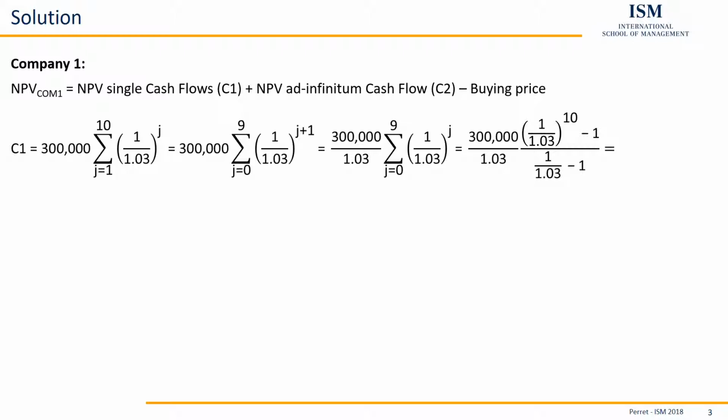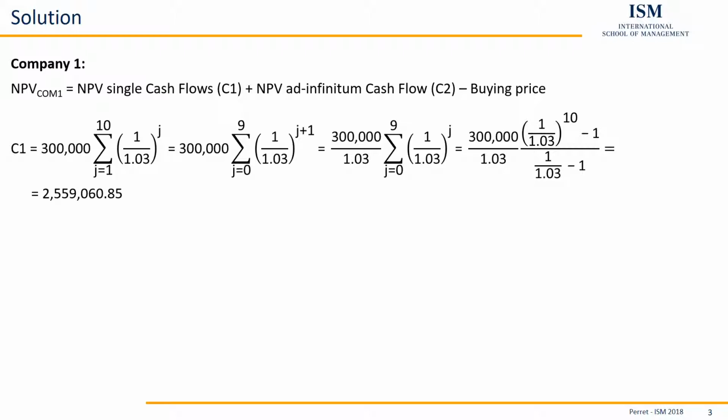This expression I enter into my calculator, giving me a net present value of these 10 cash flows of 2,559,060.85 euros. That's the first part.